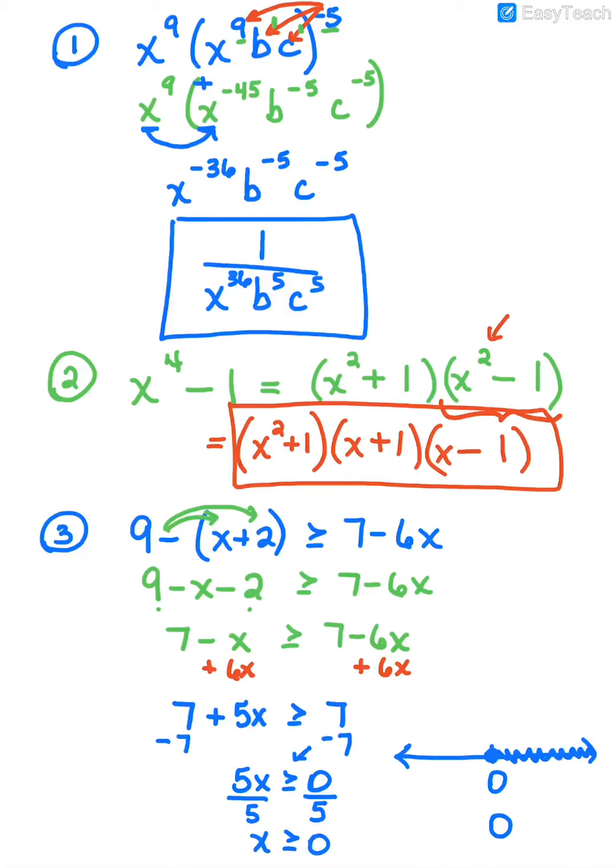Since it touches it, we put a square bracket. If it didn't touch it, meaning it was not equal at 0, you would just put a parentheses. And then we put a comma. And because the shading just keeps going and going to the right, we call that positive infinity. And you never touch positive infinity, so you would simply close with a parentheses.